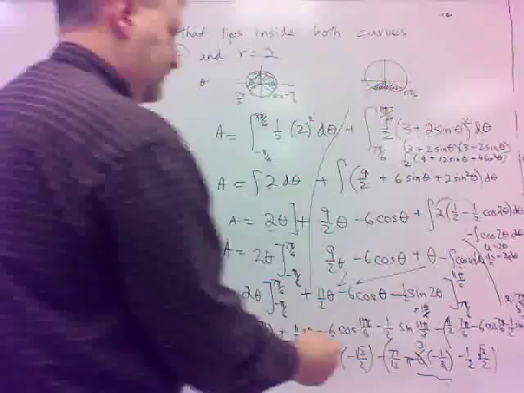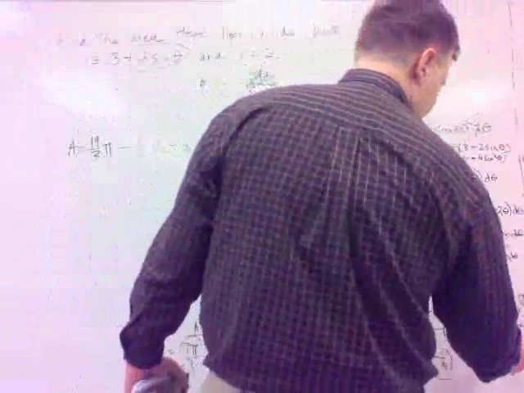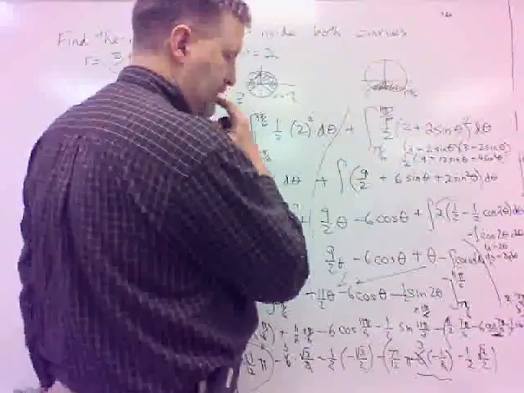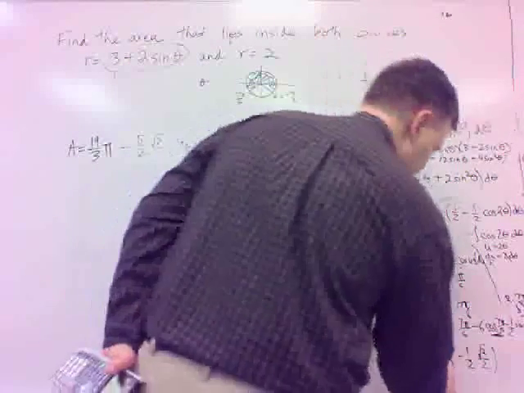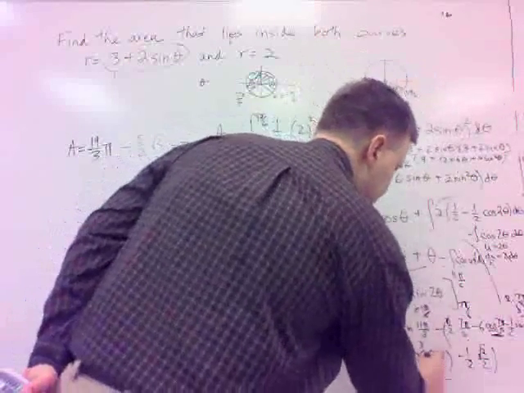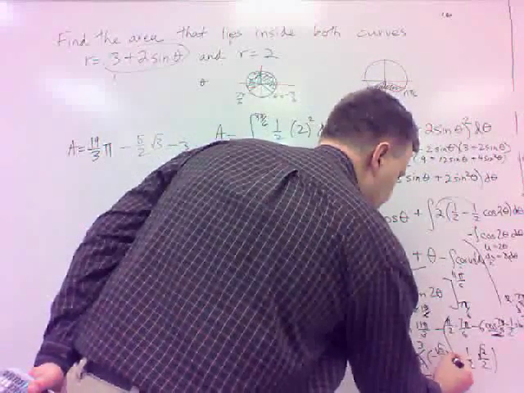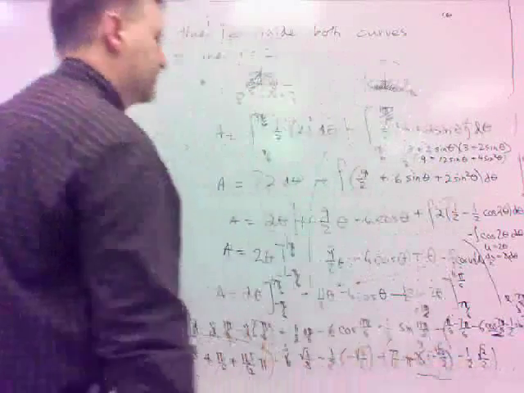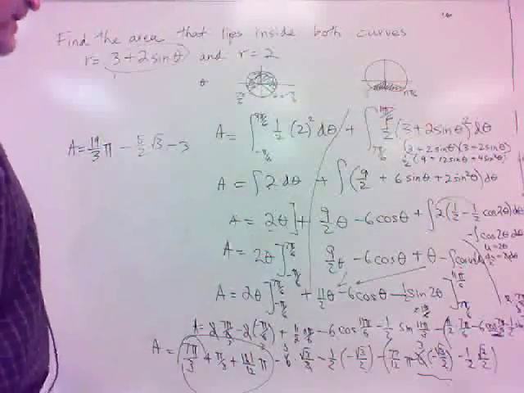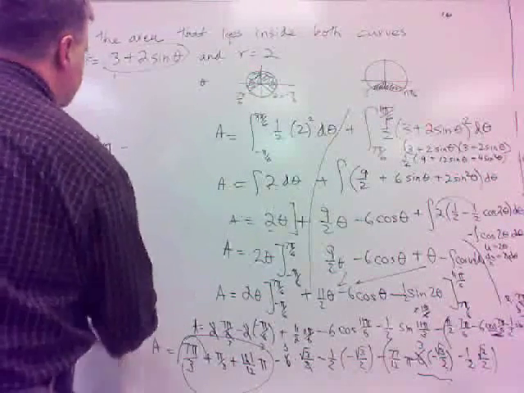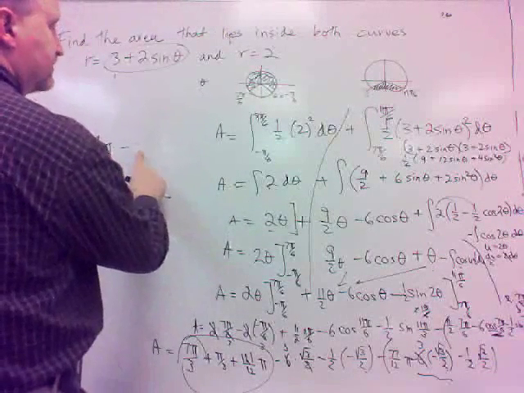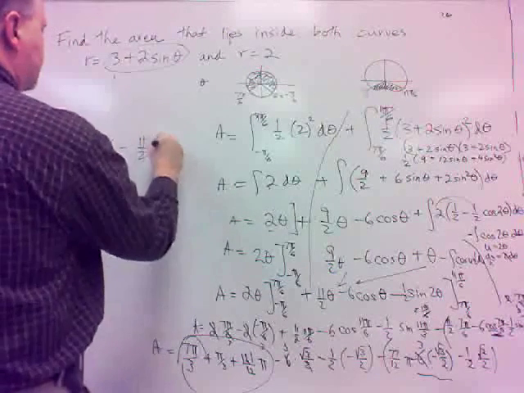I might should check that one. Cosine, talking cosine of 30, just square root of 3. I messed that one up. Yeah. These all should have been square roots of 3 over 2. So what does that mean? Be minus 3 of that one. Minus 11. Yeah. There we go.